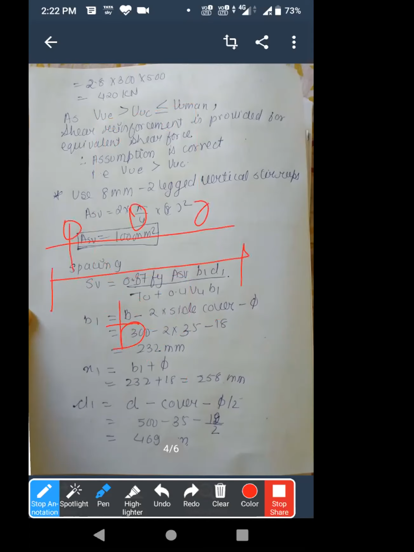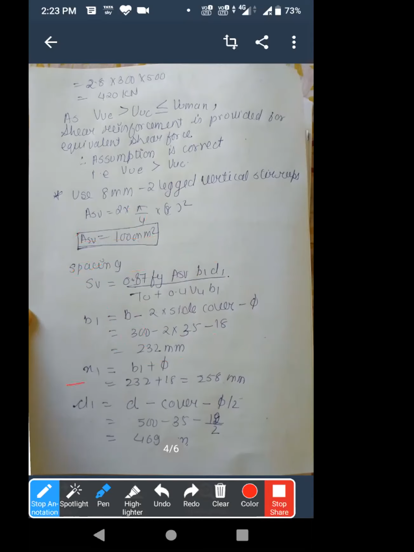For the B1 calculation, what you have to do is take the whole B minus two side covers minus the 5, because half of the bar is going here and half of the bar is going here. The cover is going to be subtracted, therefore this is your B1. B is 300, 2 into 35 minus 18, which is 232 mm.